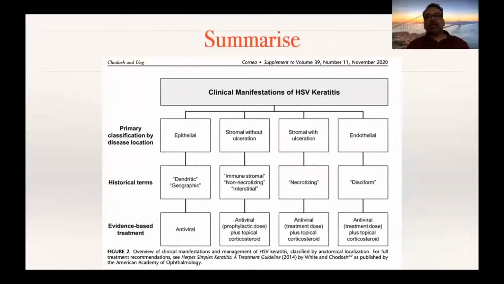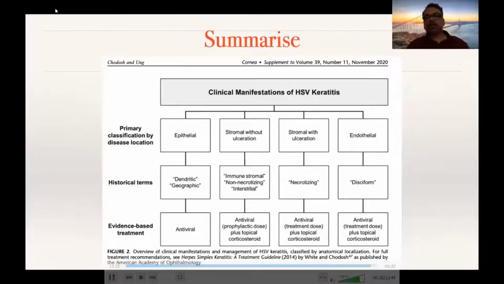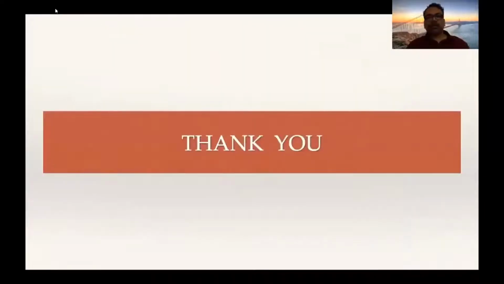In stromal disease with ulceration, that is infective type or necrotizing type, antivirals in treatment dose plus topical corticosteroid. And in endothelial type, all 3, disciform, linear, and diffuse, antivirals in treatment dose plus topical corticosteroid as explained earlier. Thank you.